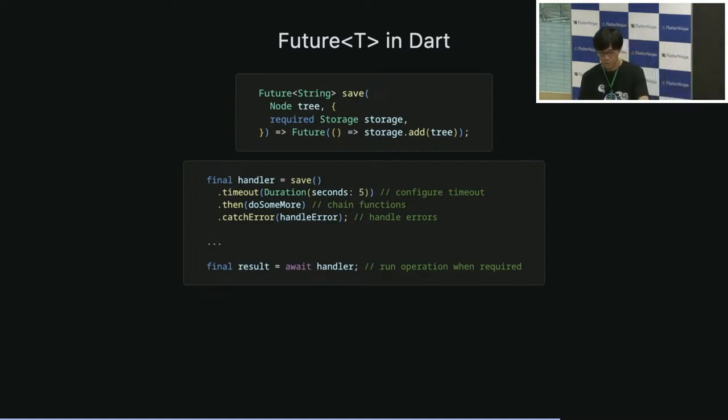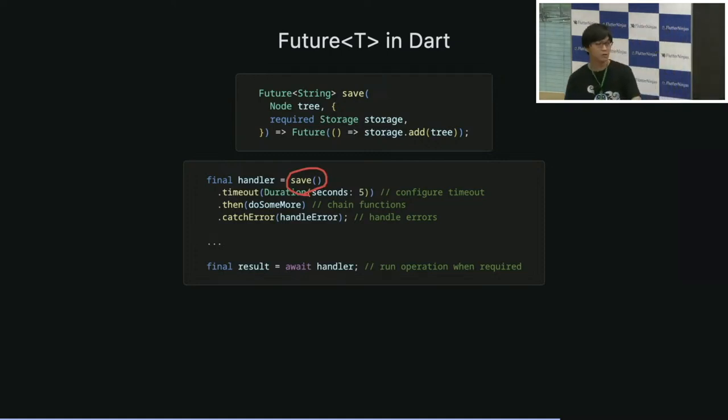The benefit of Future is that we can call a method returning a Future object, but we don't need to immediately await the result. Before awaiting, we can configure the timeout, or chain another operation with the .then method, or register a handler by calling the catchError method.